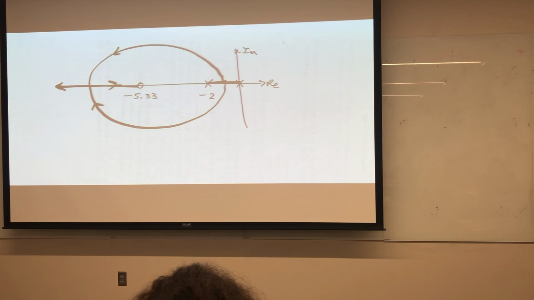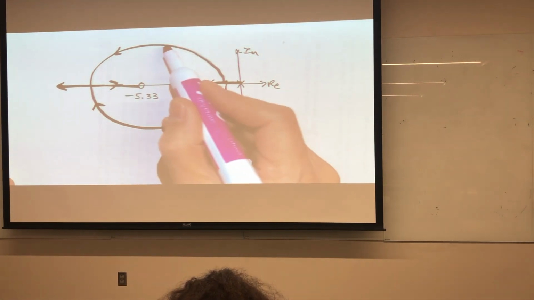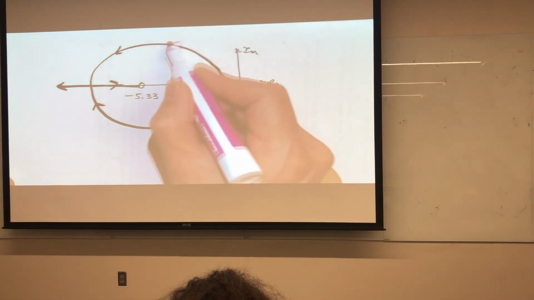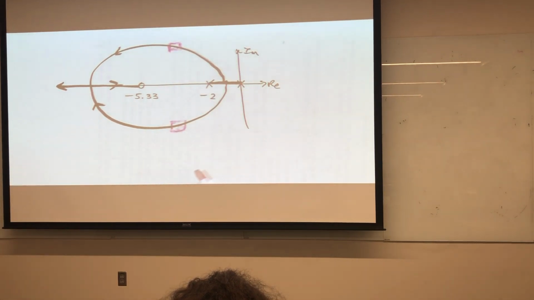If we've done everything well, then -4 plus j4 and -4 minus j4 should be on the root locus, because we did that by using the angle criterion.